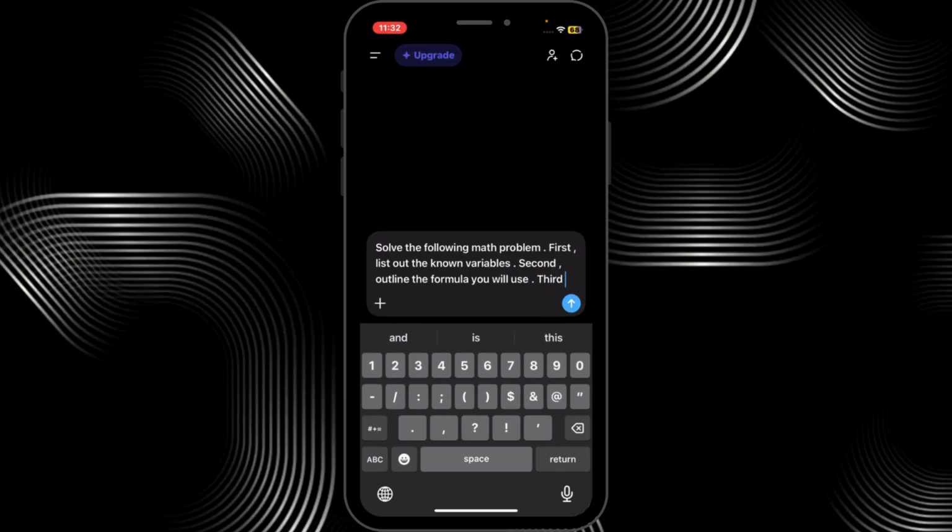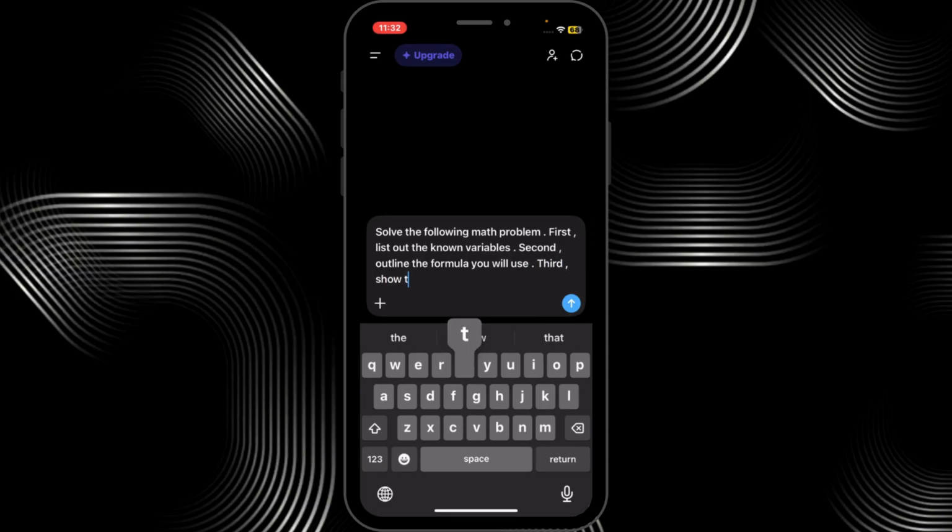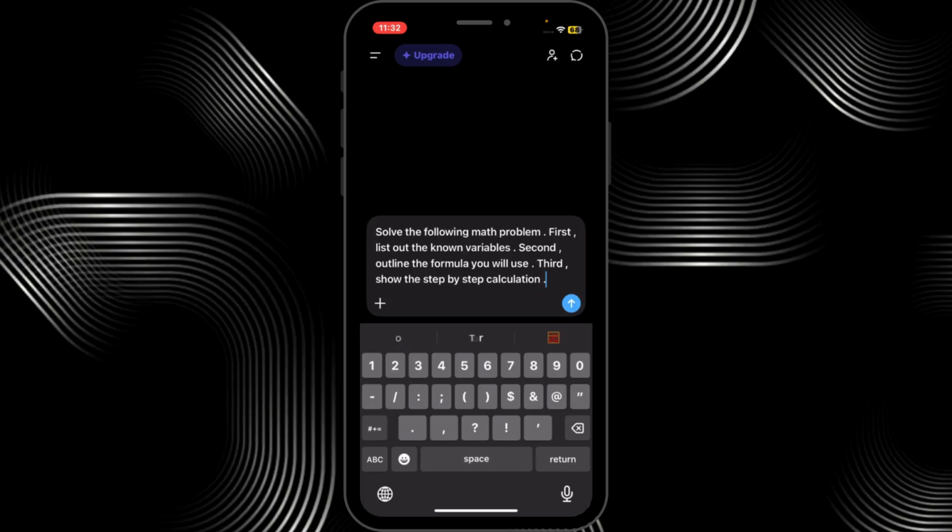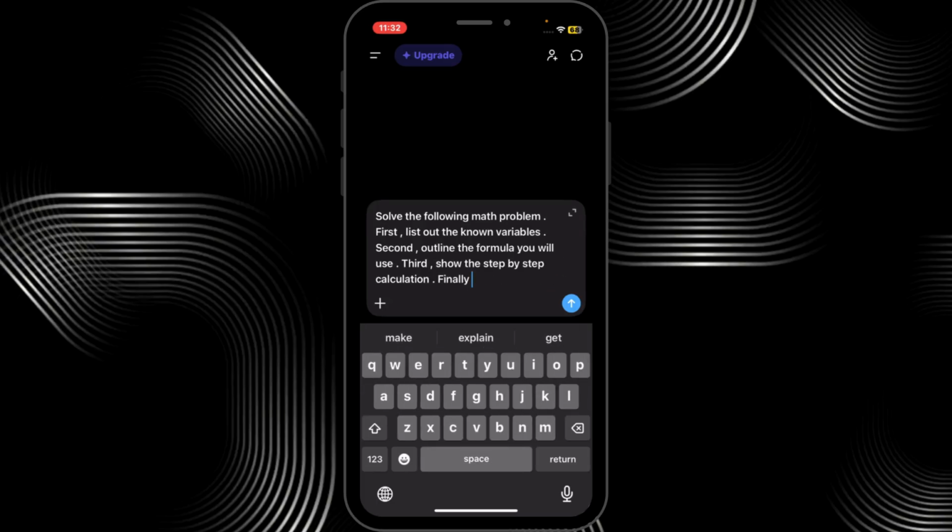Third, show the step-by-step calculation. Finally, provide the final answer. Basically, that's it.